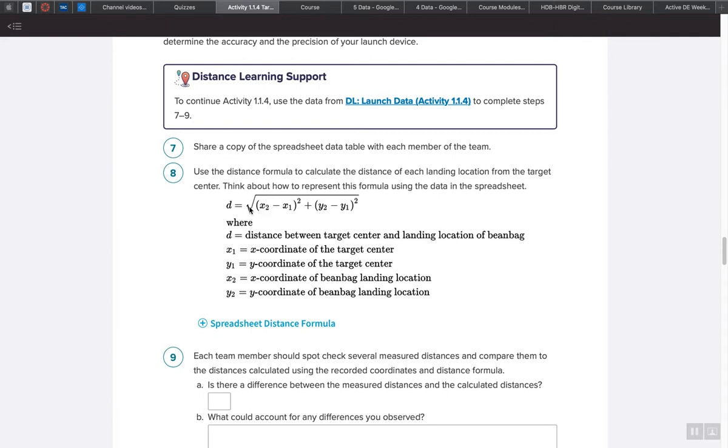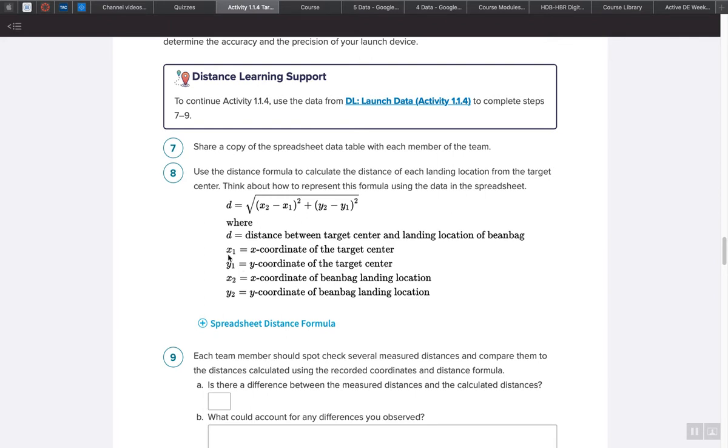All right, so the formula is distance equals the square root of x sub 2 minus x sub 1, quantity squared, plus y sub 2 minus y sub 1, that quantity squared. So d is going to be the distance from the origin to where the beanbag landed. X1, Y1 is going to be the target center, which is 0, 0.